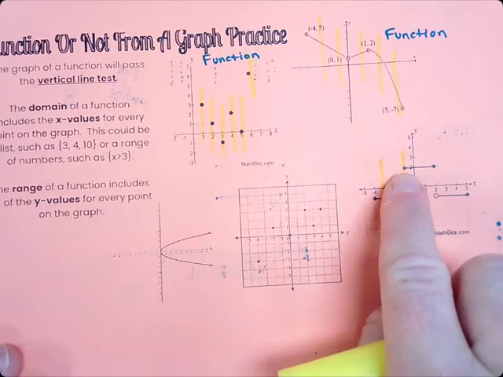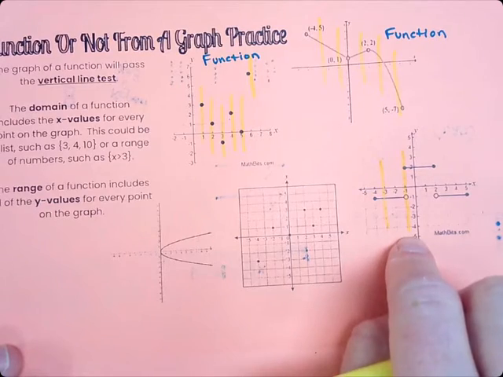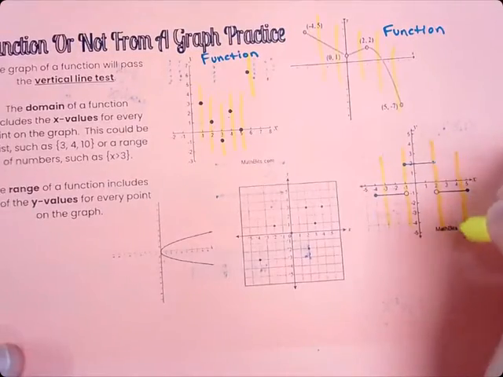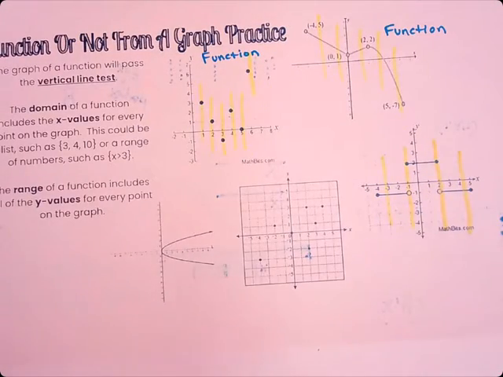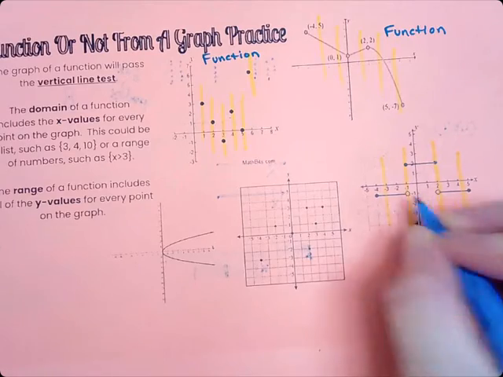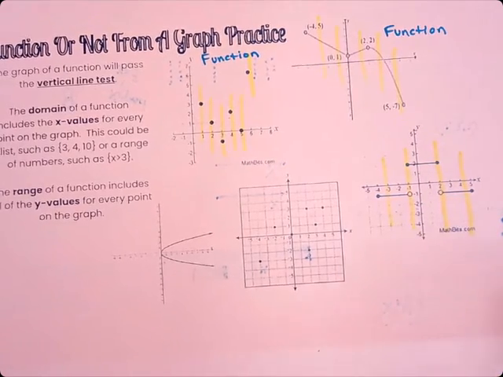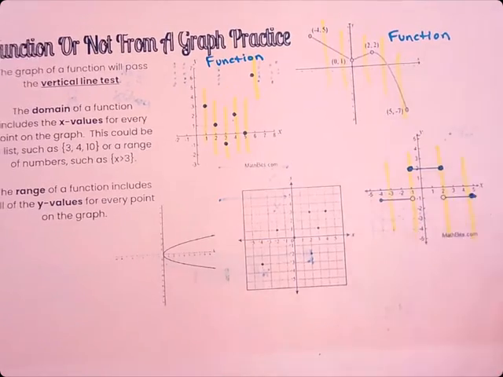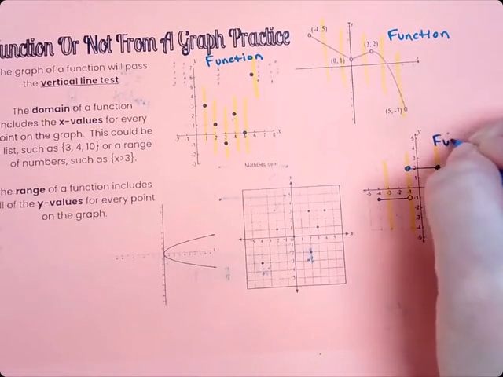So that means it only touched the vertical line once. Same thing here. If it was a closed circle, then it would not be a function. But since these open circles are not included, it only touched it one time. So this is a function.